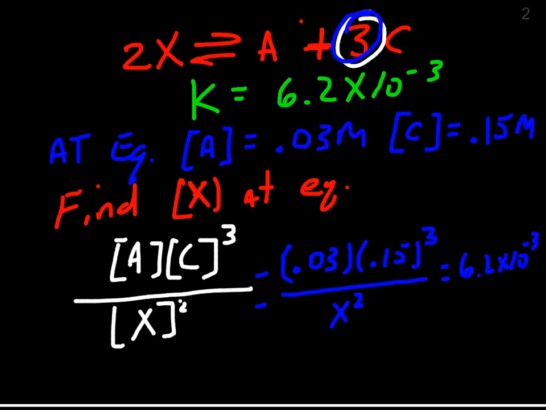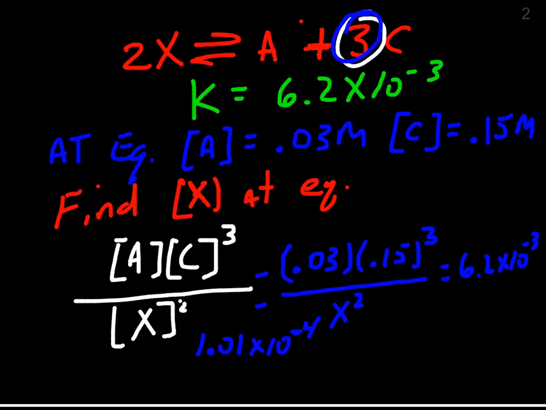Alright, so the math is a little trickier on this. So what I'm going to end up with is 0.03 times 0.15 times 0.15 times 0.15. I'm going to end up with 1.01 times 10 to the negative 4.